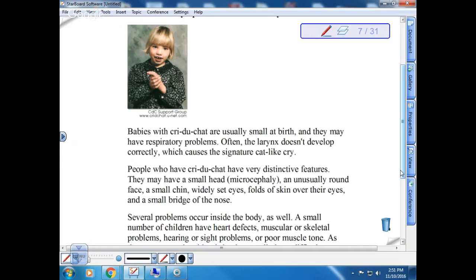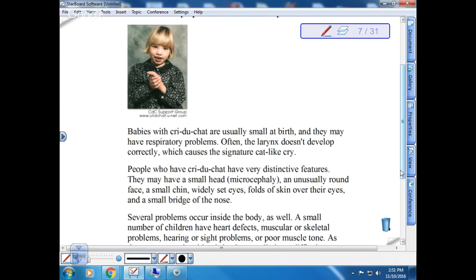And so they tend to have microcephaly, so they have a smaller than average head. And then they have certain phenotypical characteristics, including some mental deficiencies. So that deletion had a big effect. There are a few of these examples, but if you can imagine if you deleted a large part of a chromosome, it would probably lead to such a bad defect that the embryo would not be able to survive.